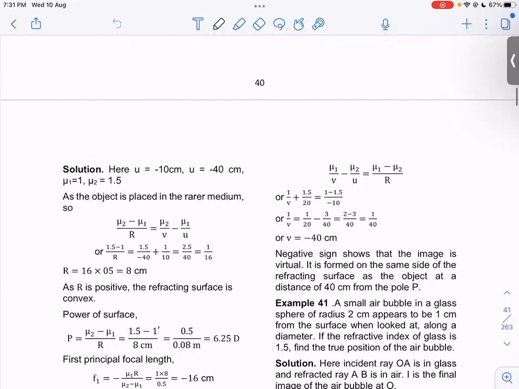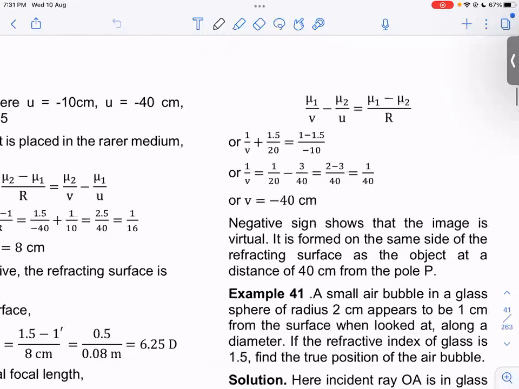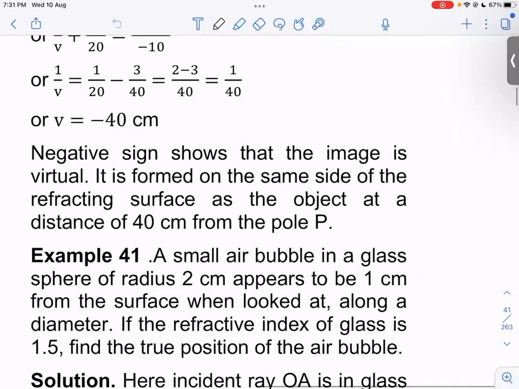So we'll start concentrating on these problems. So today you are going to work.